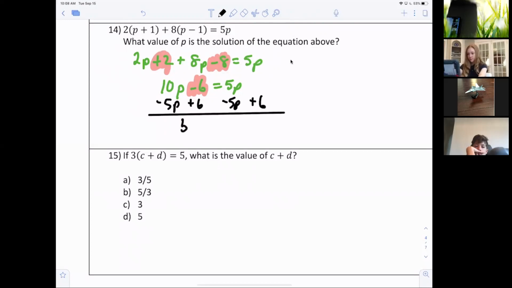Combine the variables, you end up with 5p is equal to 6. Divide both sides by 5, so p is equal to 6 over 5. You okay with that, Jack? Any questions with that?